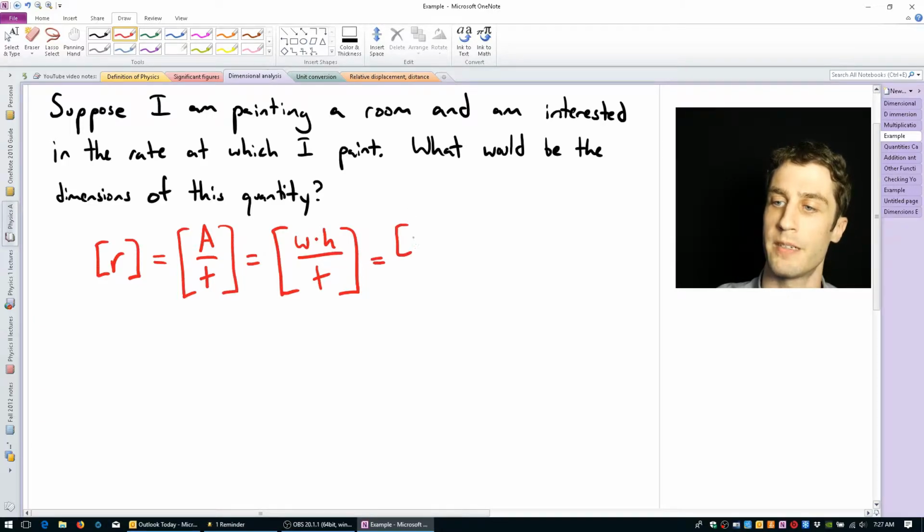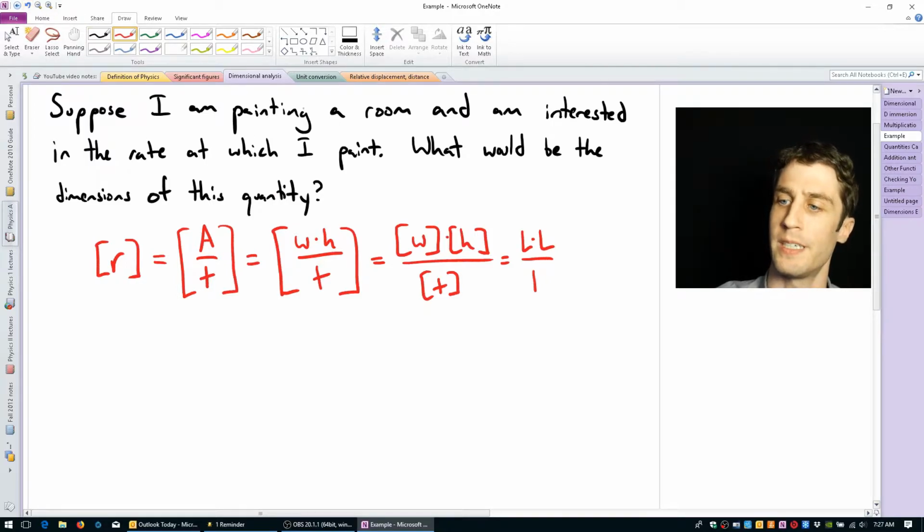And let's break up these dimensions now. Dimensions of width times the dimensions of height divided by the dimensions of time. And that's a length times a length divided by a time. Sorry, that should be capital T because it's the dimensions of time. Notice that's no longer in brackets because these are the dimensions themselves.